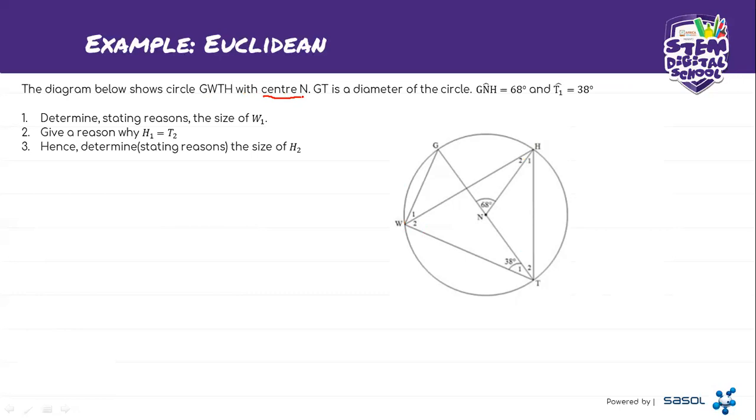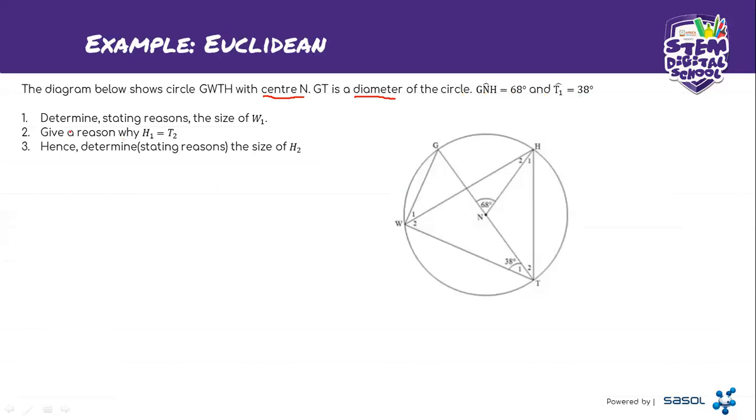The first theorem, the second theorem, the third one, right? And GT is the diameter. Think about the diameter of the circle as well. Then angle GNH equals 68 degrees, and angle T1 equals 38 degrees.